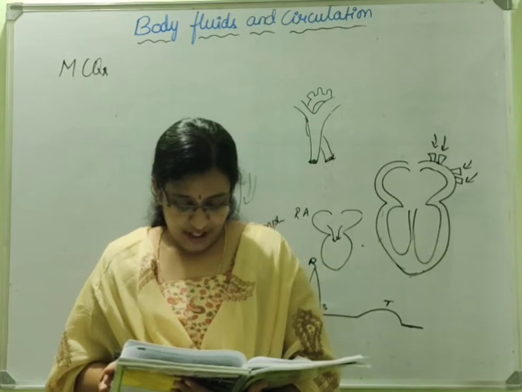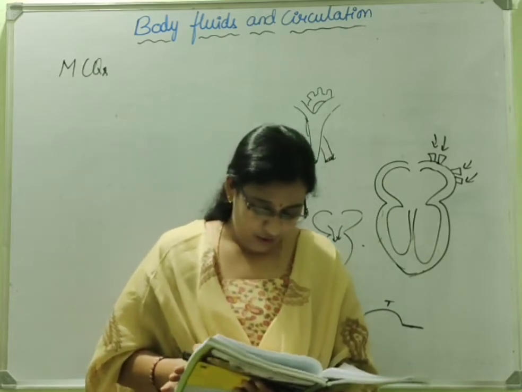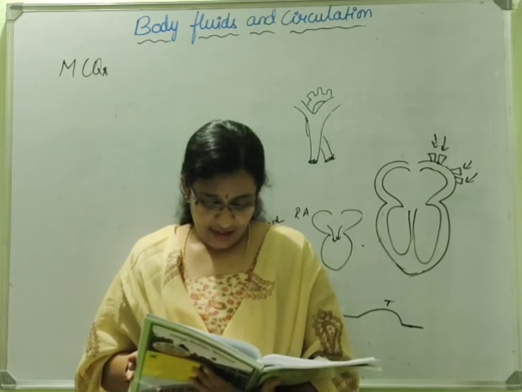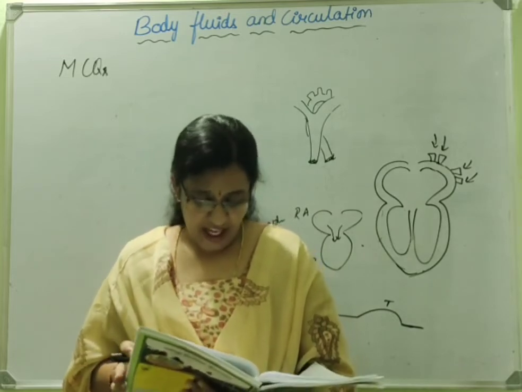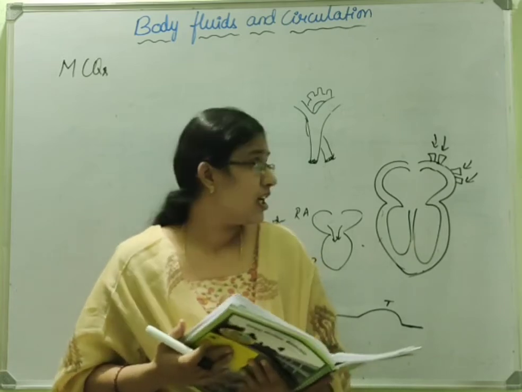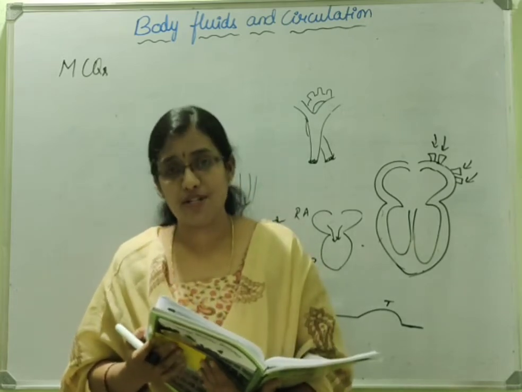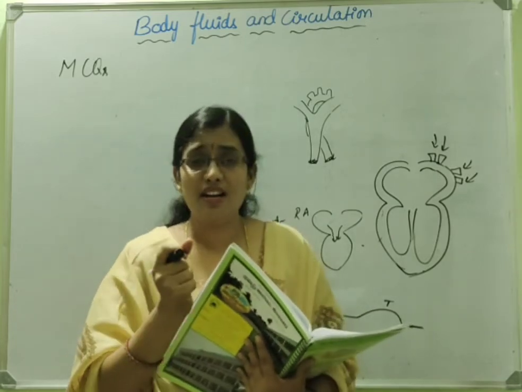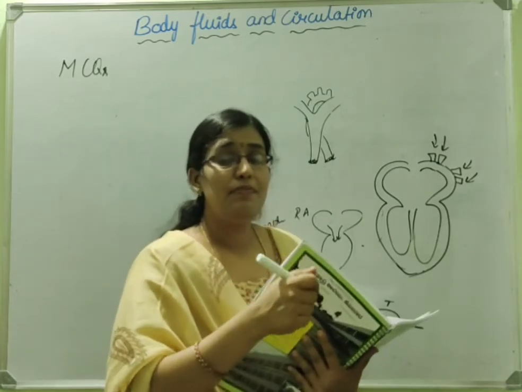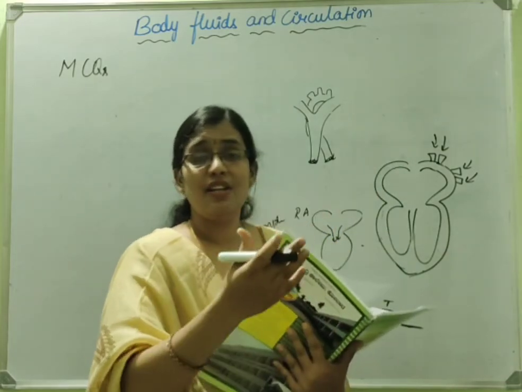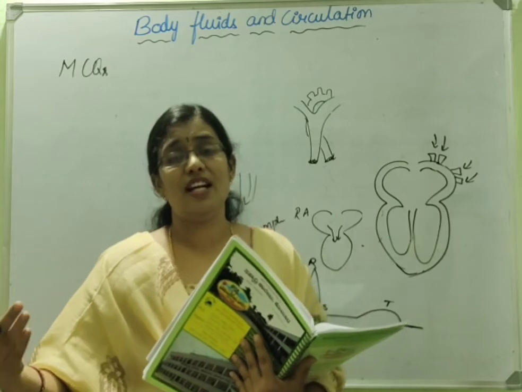Next question, arteries are option A, thick walled and blood flows under diminished pressure, B, thin walled and blood flows under diminished pressure, C, thick walled and blood flows under high pressure, and D, thin walled and blood flows under high pressure. See, arteries usually carry oxygenated blood from the heart to the body tissues. When the ventricles undergo powerful contraction, blood rushes into the aorta, and from there it enters through the arteries, arterioles and capillaries.